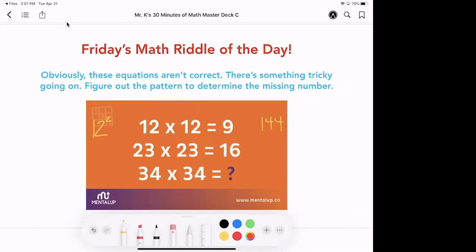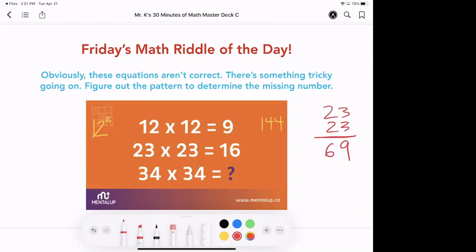Then we have 23 times 23. That is most definitely not 16. So we'd have to think a little bit more about what that is doing with the number 16. Well, let's figure out what 23 by 23 is. 3 ones times 3 ones gives us 9 ones. 3 ones times 2 tens gives us 6 tens.